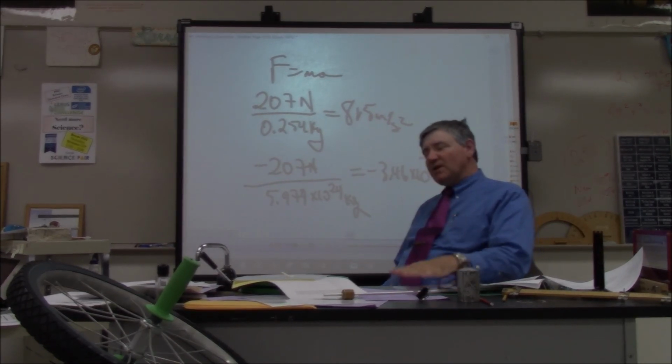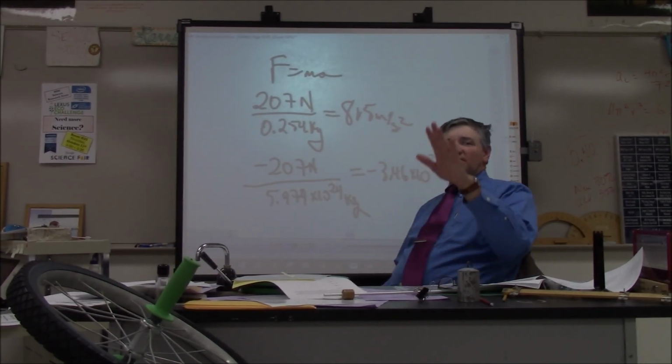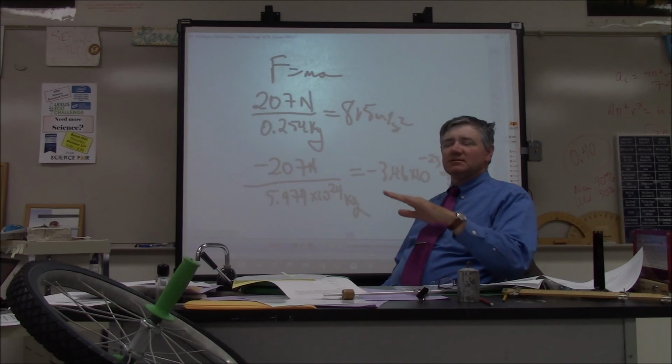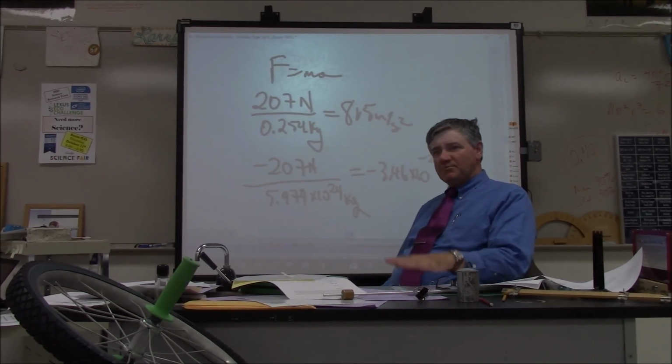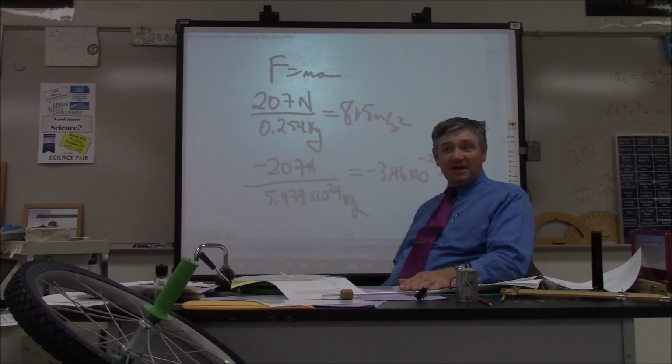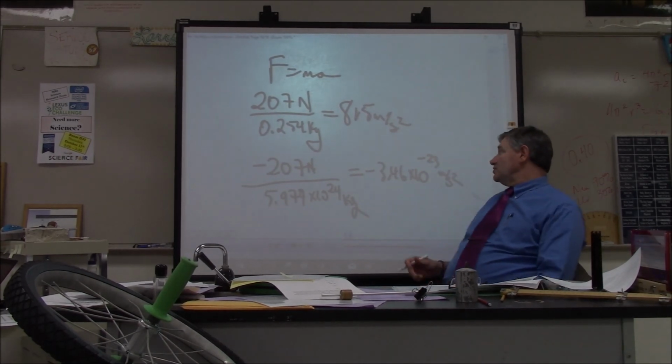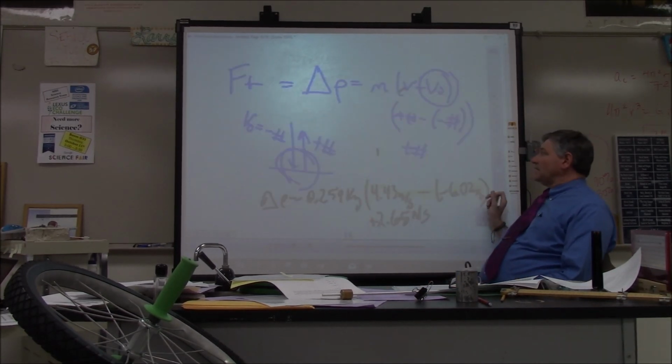So I promise you, there's going to be a problem like this on the test. Mark my words. Between now and Tuesday, work the problem again and again and again. Guess what? I'm going to give you a problem like this on the review. Now, make sure that you pay attention when you're working these problems.